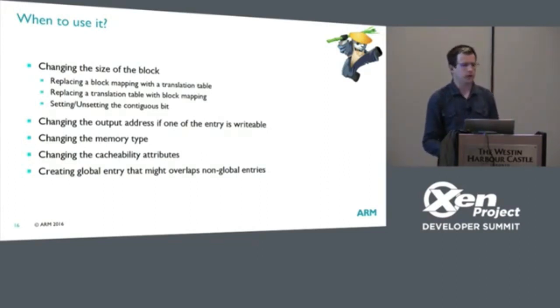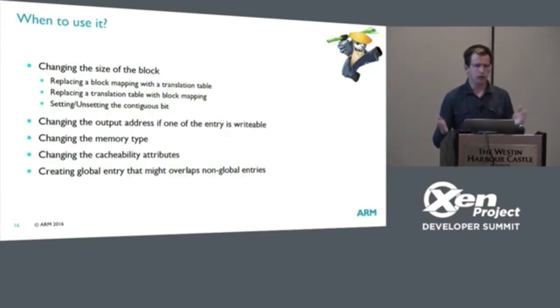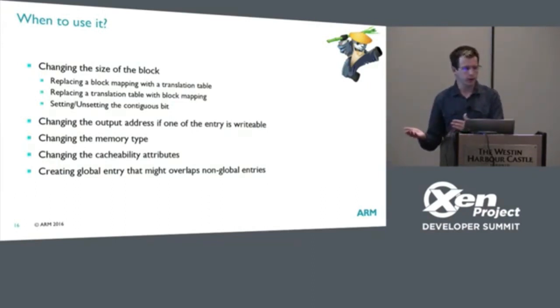The second case is when you want to replace an entry in the page table. If you have a valid entry with an output address and you want to change to another output address, and one of these entries is writable, you also need to use the break before make sequence.